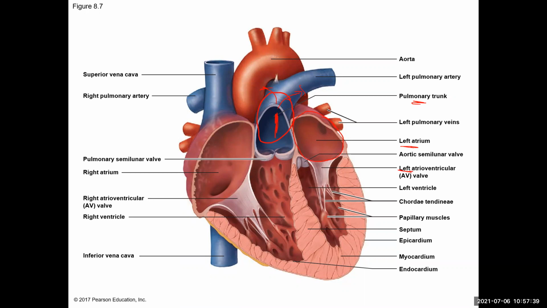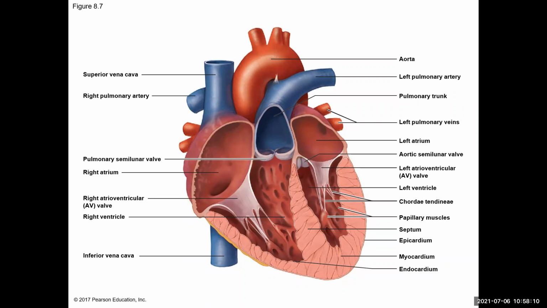You have your left atrioventricular valve. Again, is another one-way valve that allows blood to move from the atrium to the ventricle. And you have your left ventricle down here. And then we have the aortic semilunar valve, which we've already mentioned. Again, one-way valve. Okay.